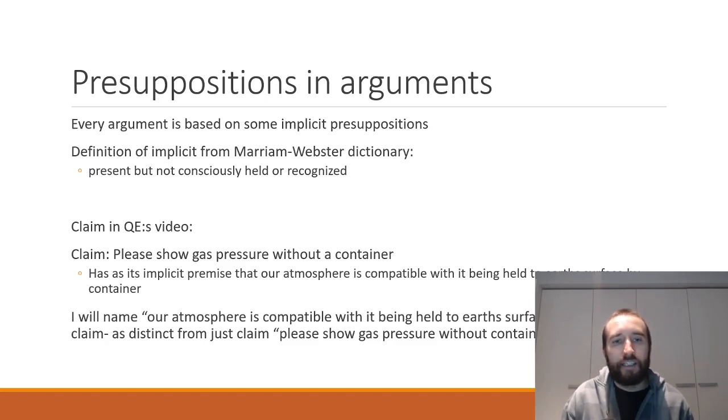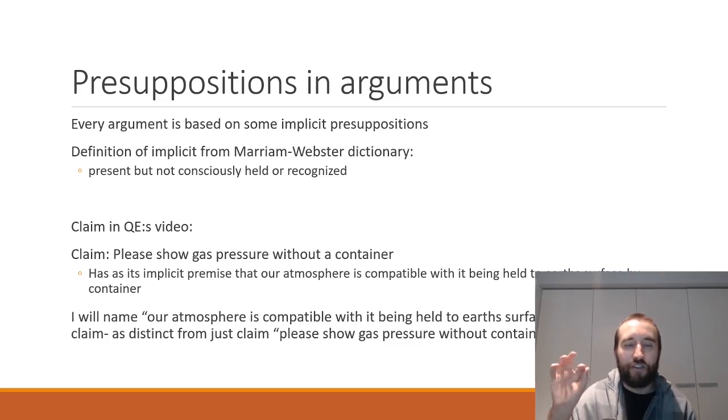It has as its implicit premise, where premise means the same thing as presupposition, that our atmosphere is compatible with it being held to Earth's surface by a container. I will now name this sentence, our atmosphere is compatible with it being held to Earth's surface by a container, as claim hyphen.